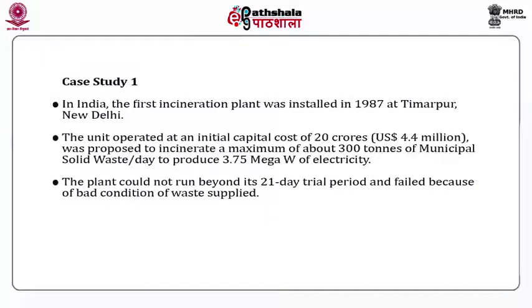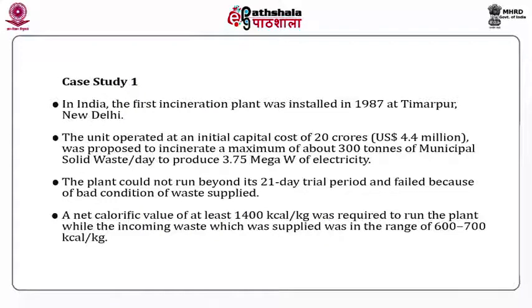The plant could not run beyond its 21-day trial period and failed because of bad condition of waste supplied. A net calorific value of at least 1400 kilocalorie per kg was required to run the plant, while the incoming waste was supplied in the range of 600 to 700 kilocalorie per kg.